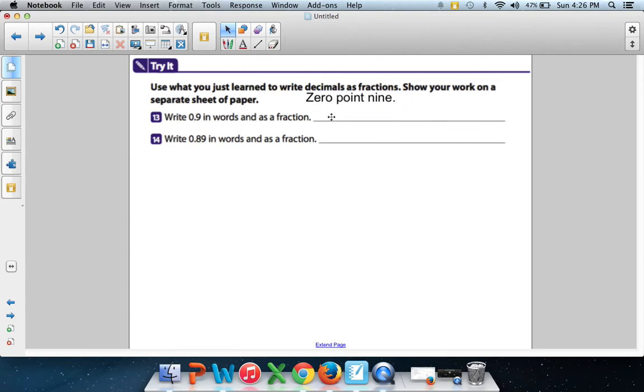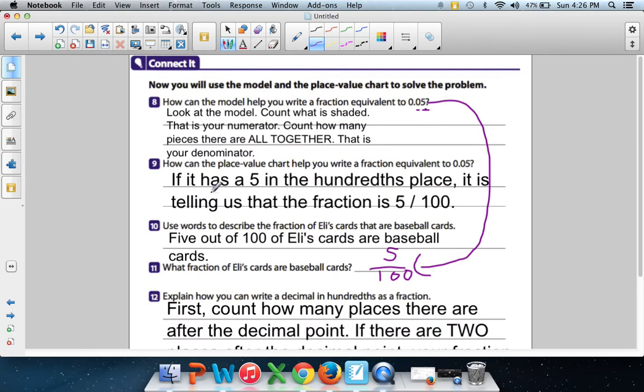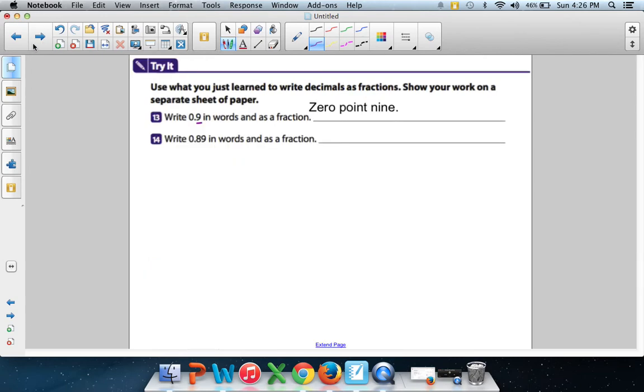0.9. Another way to write that is actually, well, let's just look at the fraction now. The fraction is simple. Count how many places there are after the decimal point. There is 1 place. Before, think about this, before there were 2 places, 1 and 2, so we had 100 on the bottom, the denominator.